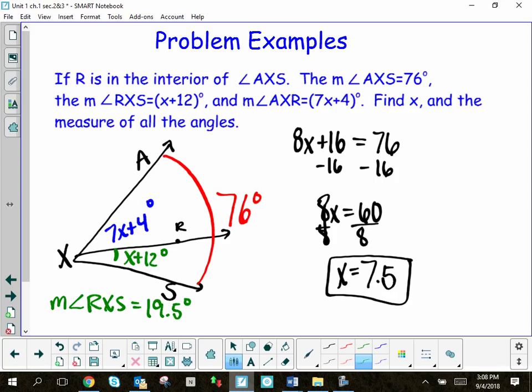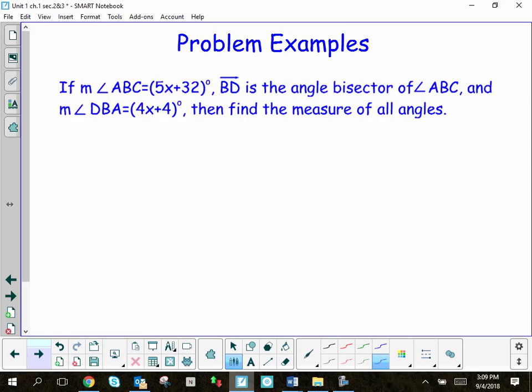And then the blue one up there, you can plug it in if you want, or you can just subtract 19.5 from 76. So the blue angle, the measure of angle AXR, is going to be 56.5 degrees. So this is angle addition. All right, last one.